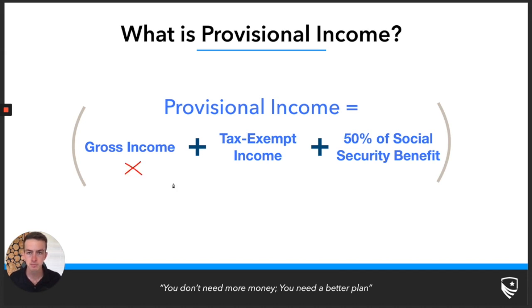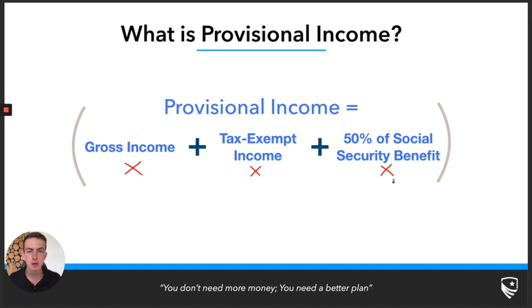So this would be income from IRA withdrawals, pension income, annuity income, long-term capital gains. You'd include all of this as gross income on a dollar-for-dollar basis. Then you would add in any tax-exempt income on top of that, so things like muni bond interest. And then you'd add in 50% of your Social Security benefit.